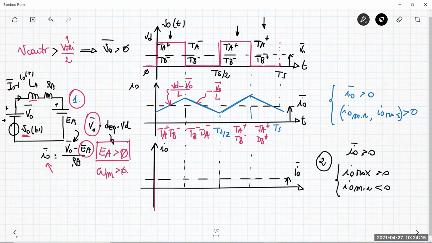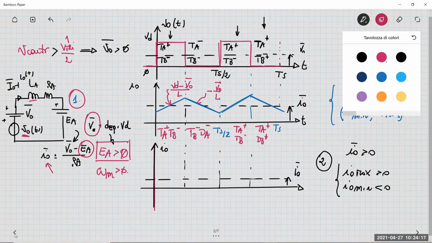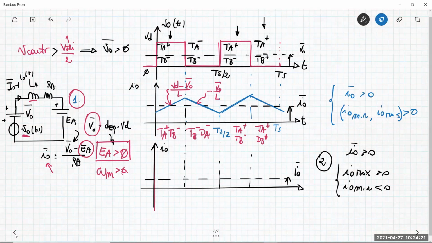Let me just have this, something like this is not the best drawing I can add, but okay, you have IO minimum, which is negative, and IO maximum, which is positive here. The average value is positive.